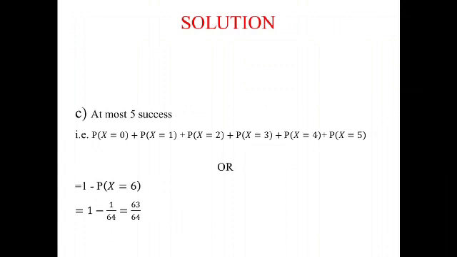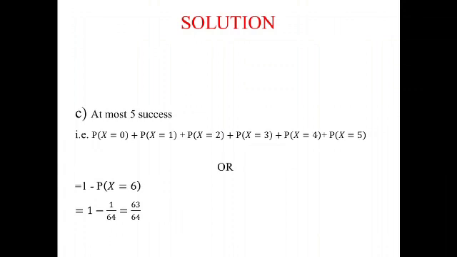Where P(x = 0) means no success, P(x = 1) means only 1 success, P(x = 2) means 2 successes, P(x = 3) would mean getting 3 successes, P(x = 4) would mean getting 4 successes. P(x = 5) would mean getting 5 successes.